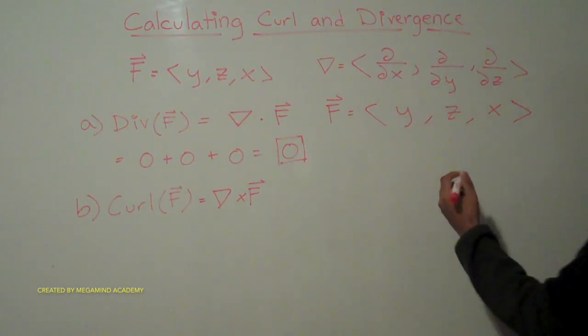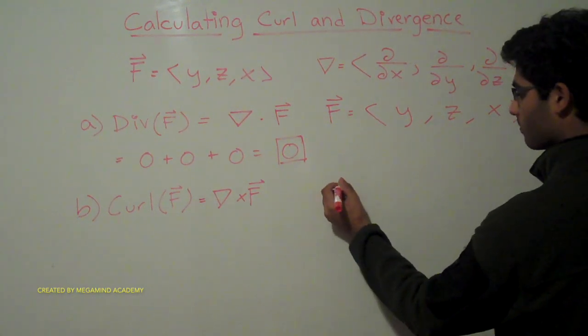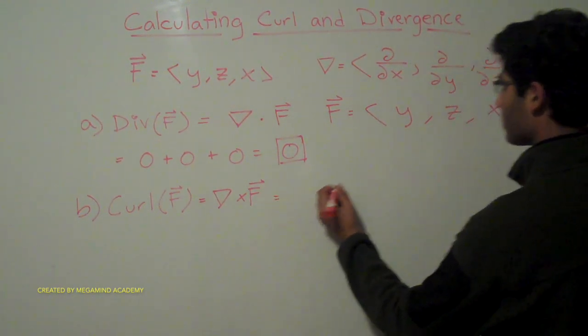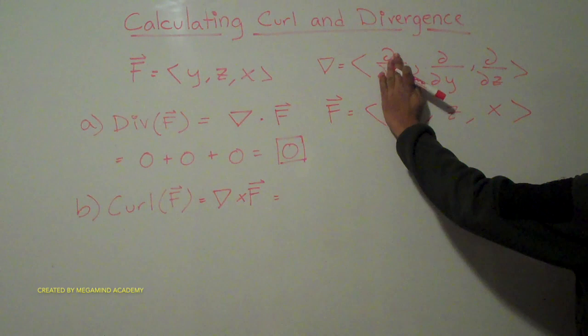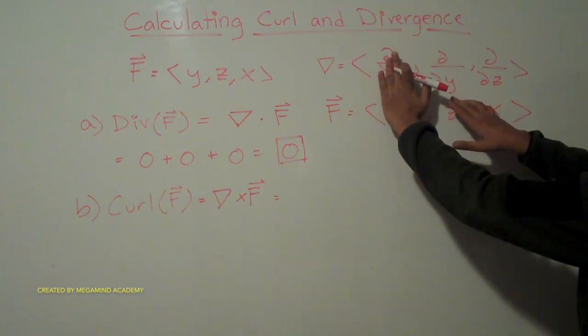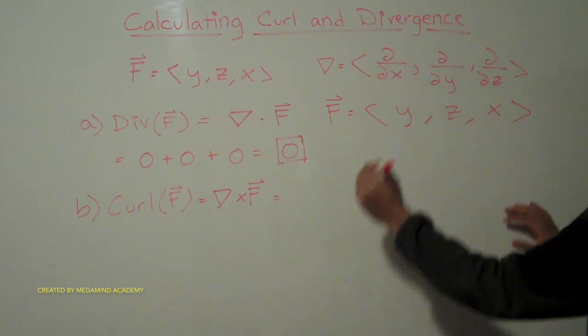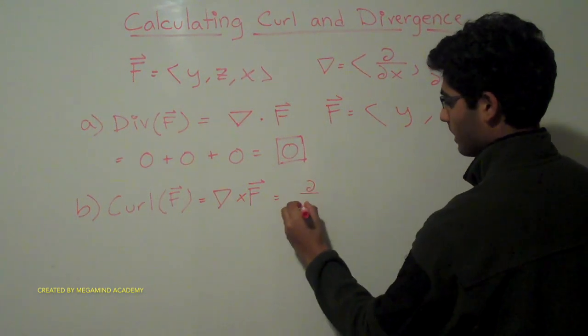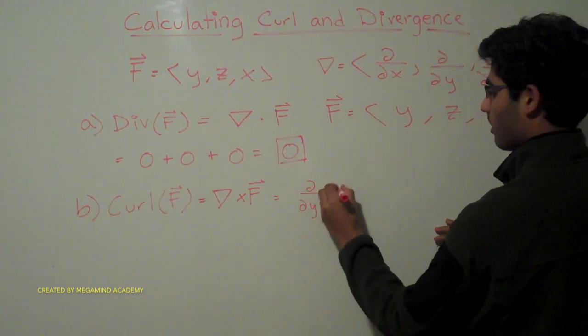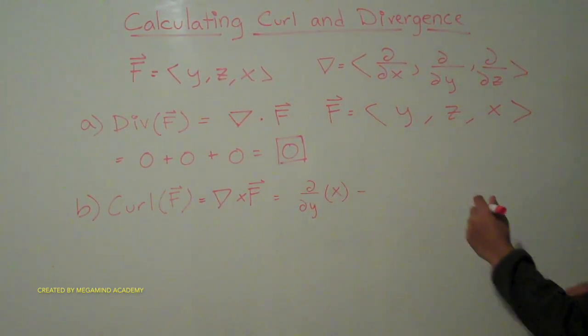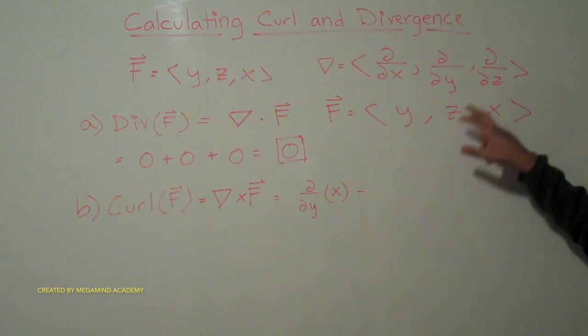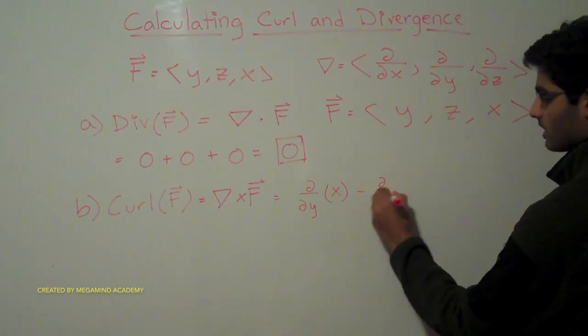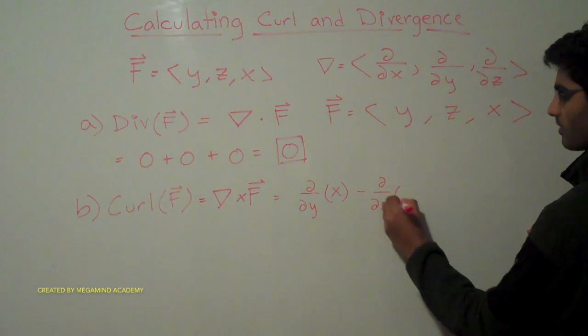So this is going to be equal to, if we cover up this side, we have the derivative with respect to y of x, so d dy of x, minus the derivative with respect to z of z, so d dz of z.